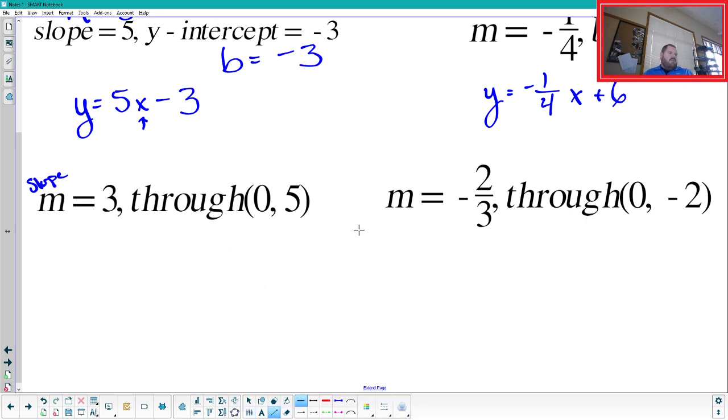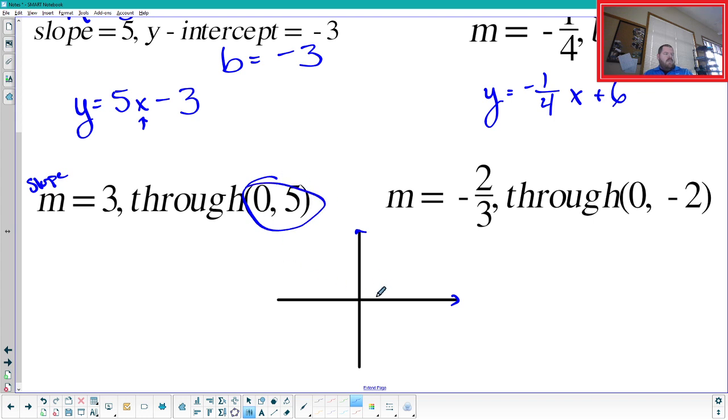If I think about having a graph, I'm just going to draw a quick graph, and my job is to plot the point (0, 5). That means that the x-coordinate is 0 and the y-coordinate is 5. So I don't move anywhere left or right, but I go up 5. That right there is the point (0, 5).